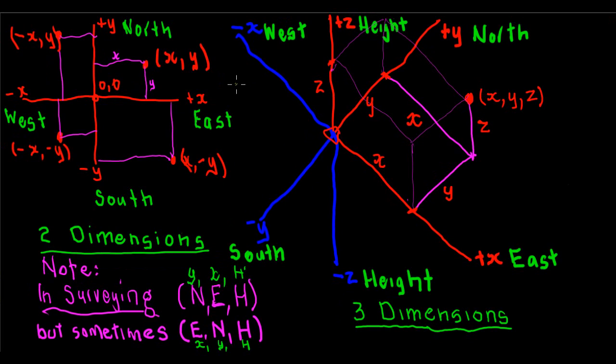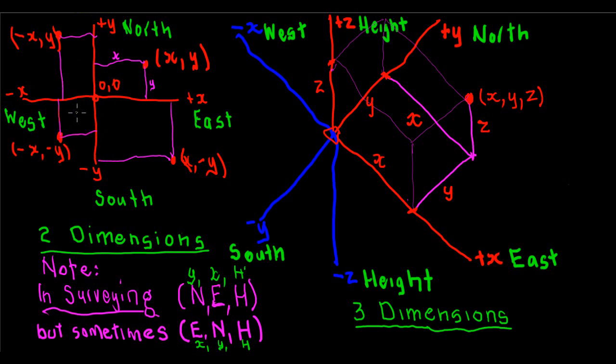We're usually familiar with the positive x-axis starting at 0 here and heading in a positive x direction this way, and starting at 0 here and a positive y direction up the page. We then have a negative x out to the left and negative y down to the bottom of the page.